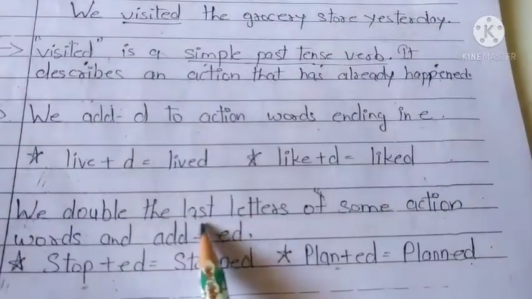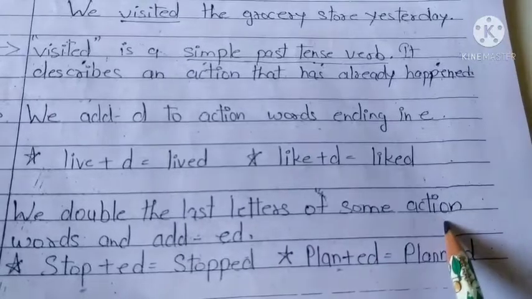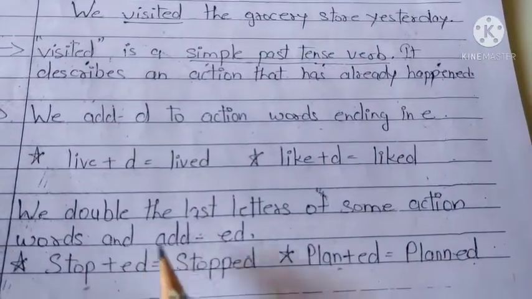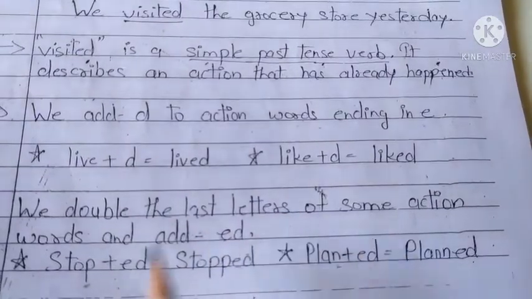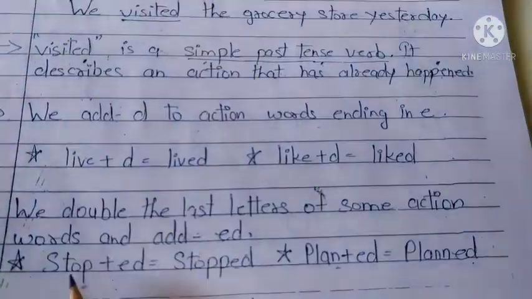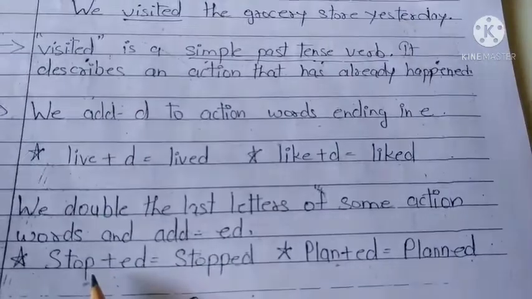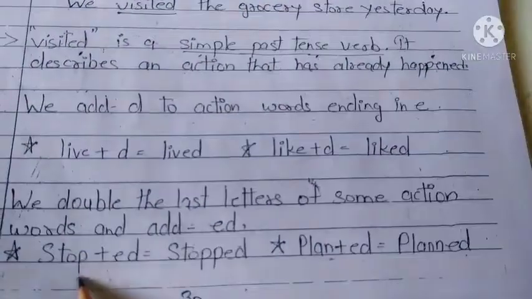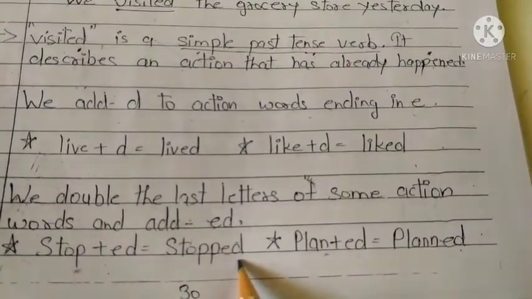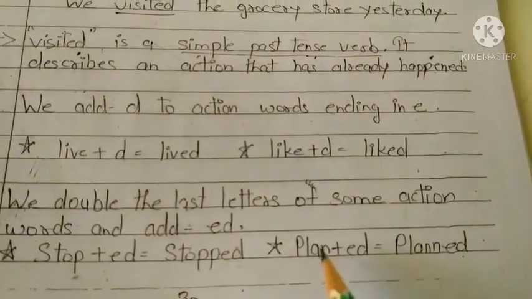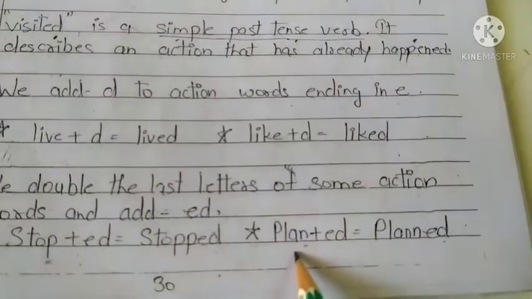We double the last letters of some action words and add ed, like stop. In this verb, we double the last letter, then we add ed to make it according to the simple past tense. Like plant.